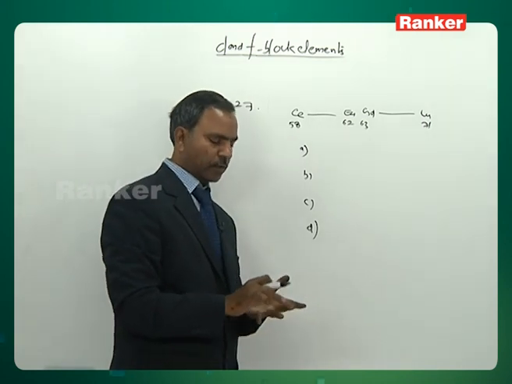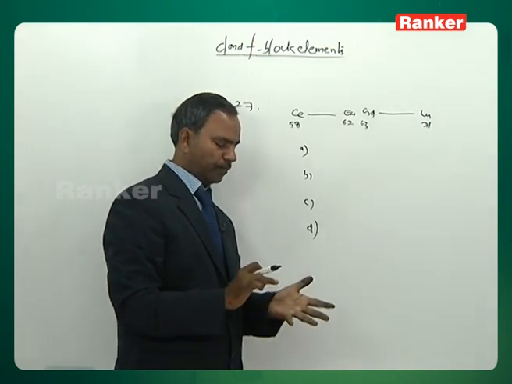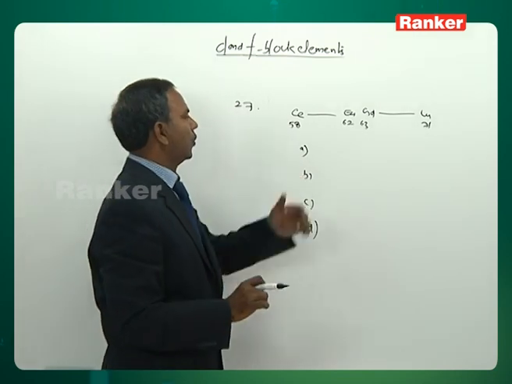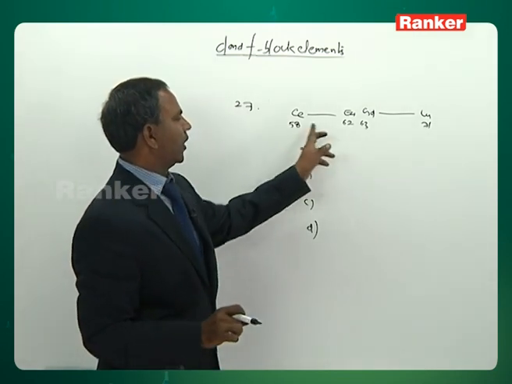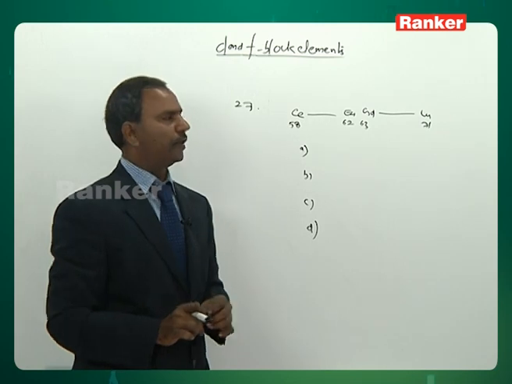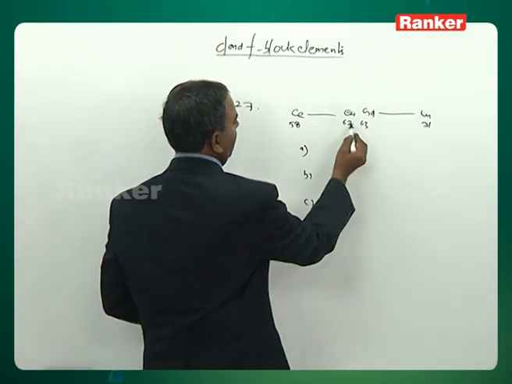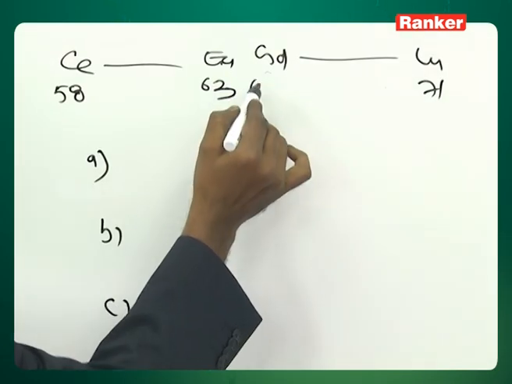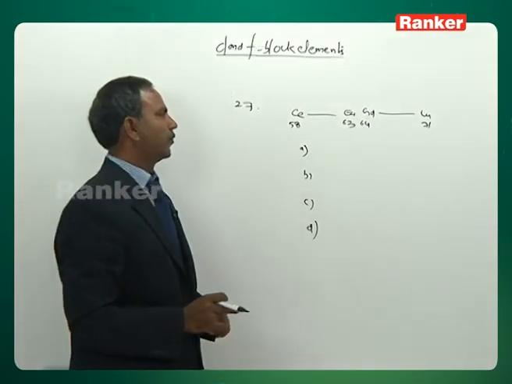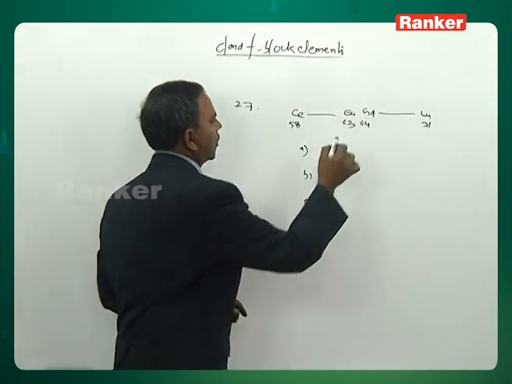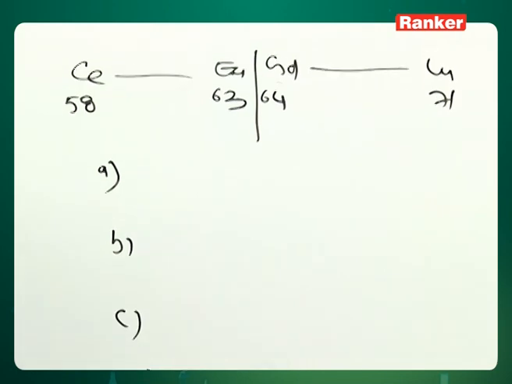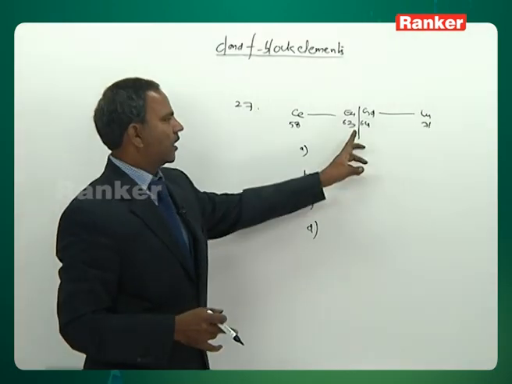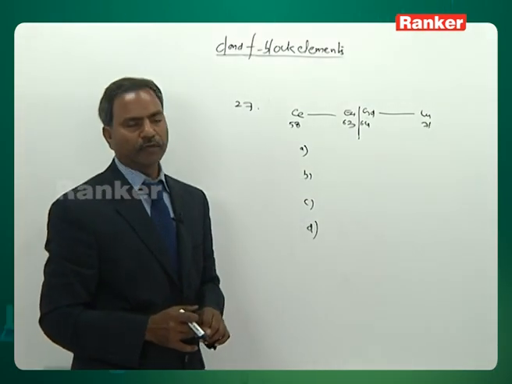Cerium, praseodymium, neodymium, promethium, samarium, europium. Up to this, cerium 58 to europium 63. Then gadolinium 64 to lutetium 71, you take. The first half is lighter lanthanides, and the second half is heavier lanthanides.